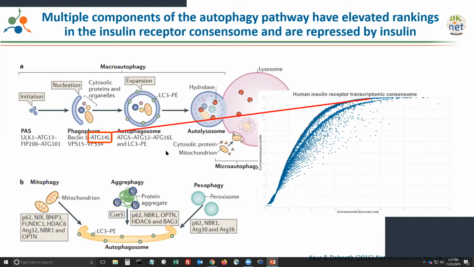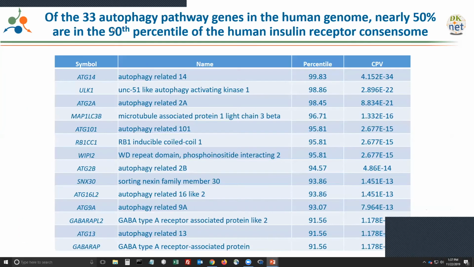And in fact, of the 33 autophagy pathway genes in the human genome, nearly 50% of those are in the 90th percentile of the human insulin receptor consensome.